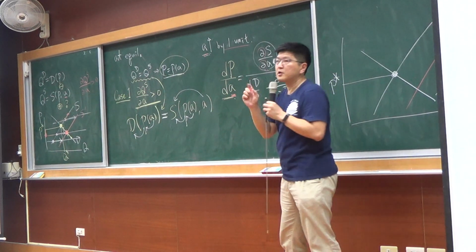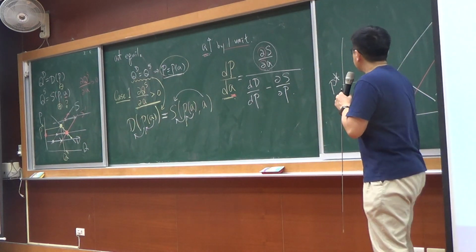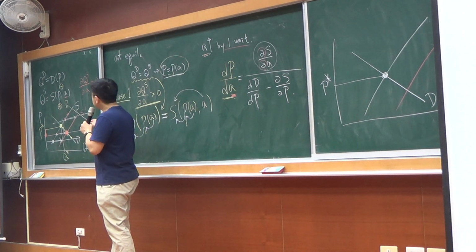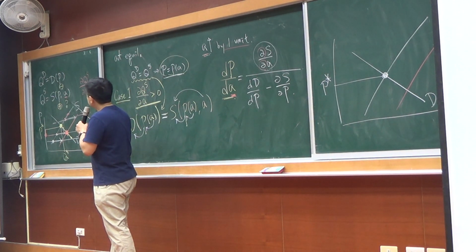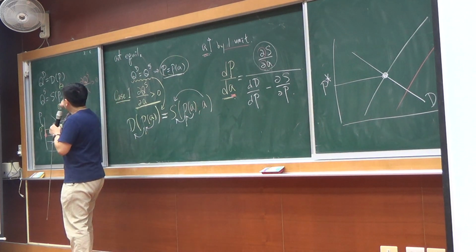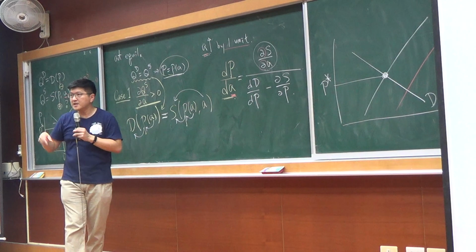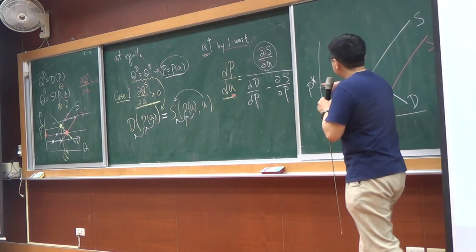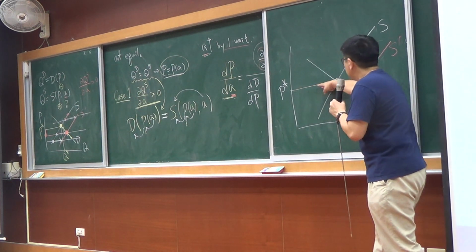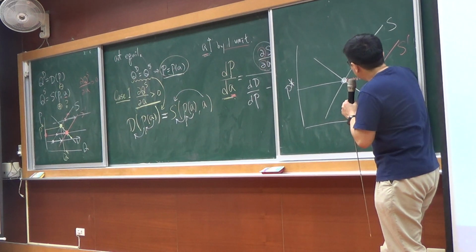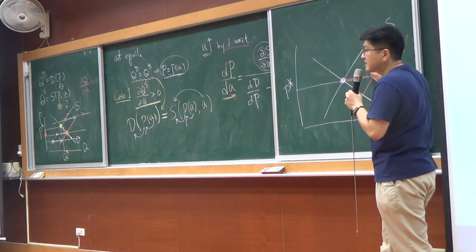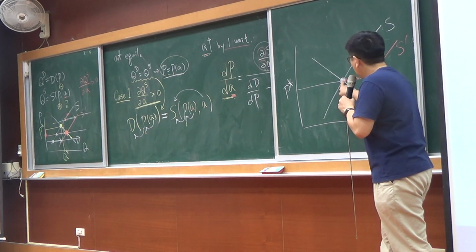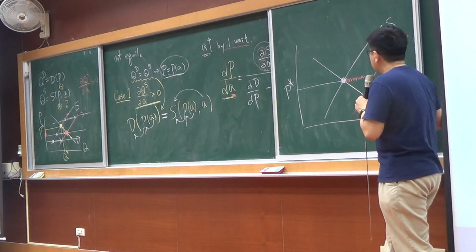Now, notice that here we use a partial differentiation, which means although S is affected by P and A, now we want to study the effect by A, so we hold P unchanged or constant. Alright? So when P is held constant, this part will be the effect caused by the change in A, right?